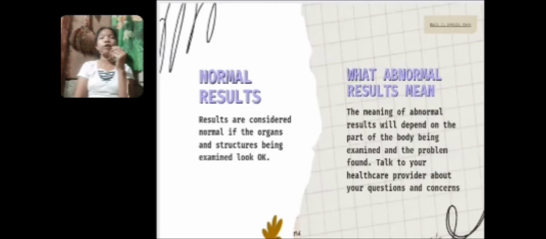So if the organ is abnormal or you discover any dysfunction in the organs or any structures in the body, you can tell that the result is abnormal. Then, talk to your healthcare provider about your questions and concerns.